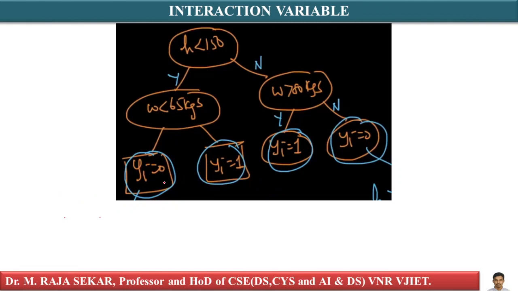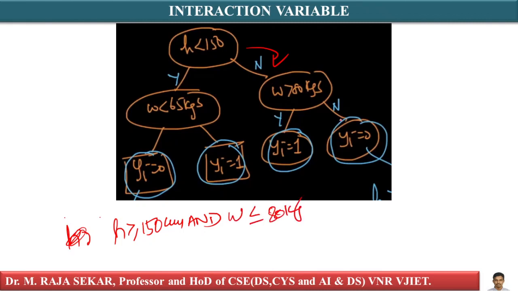Let's take this example. Height is greater than or equal to 150 centimeters, which means this direction, and weight is less than or equal to 80 kgs, which means this direction. Corresponding to every leaf node, you can create an interaction variable.